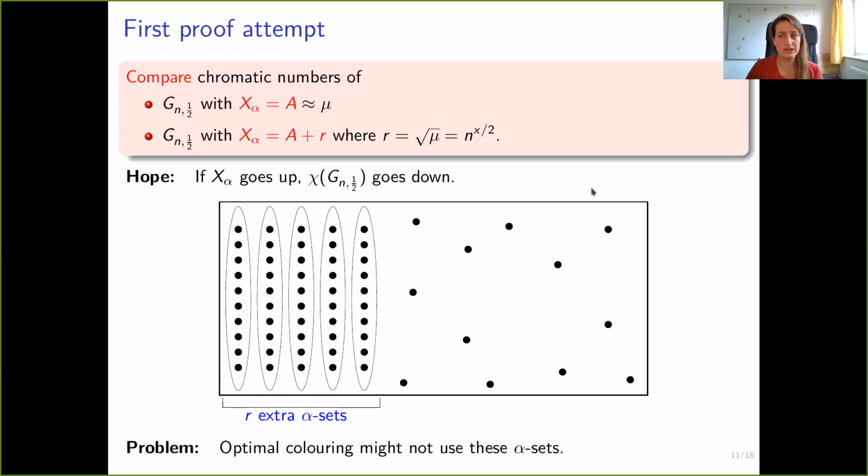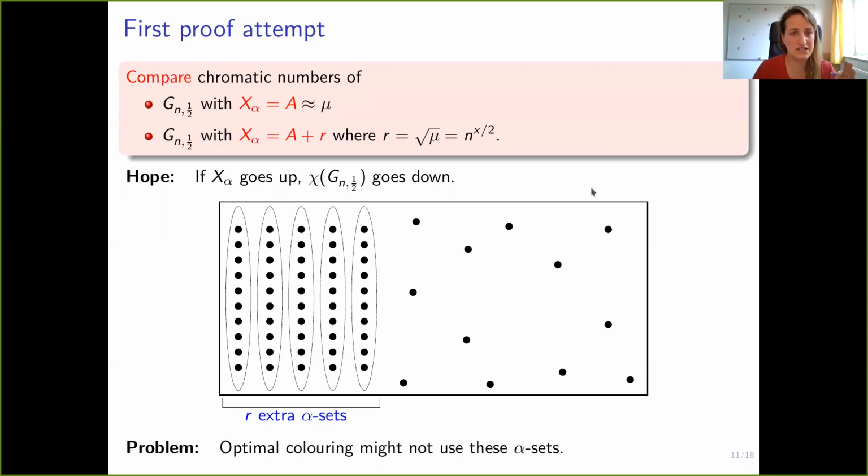And the reason I couldn't make it work was, well, there's no way to ensure that your optimal coloring uses these alpha sets. So it might be that you take out some alpha sets, but there's another coloring that doesn't use these alpha sets. Or you could give the graph some additional alpha sets, but still there isn't a better coloring than what you had before that uses these alpha sets. So yeah, I tried this for a long time. I couldn't make it work.